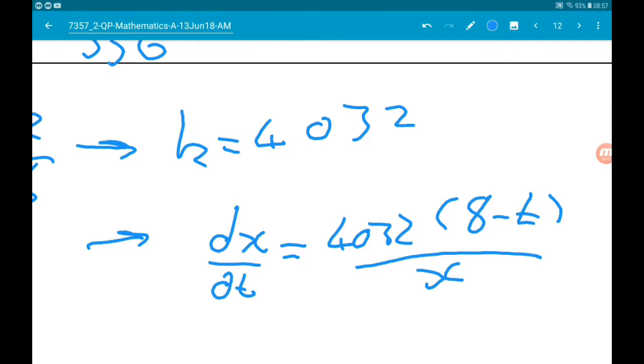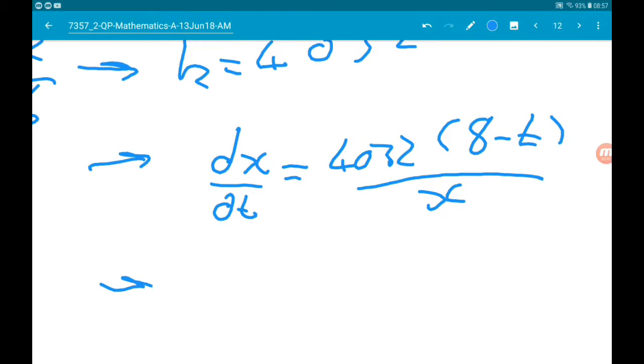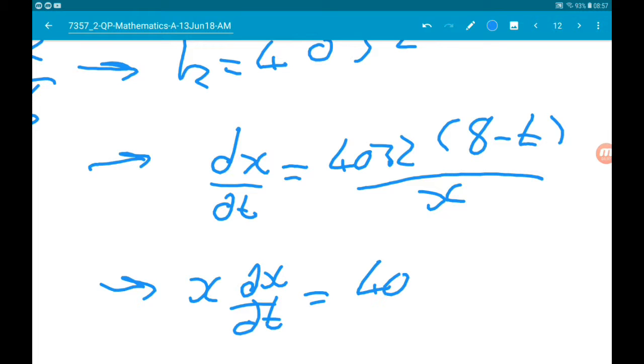And then we just need to multiply through by the x. So x dx by dt is 4032 times (8 minus t). Cool.